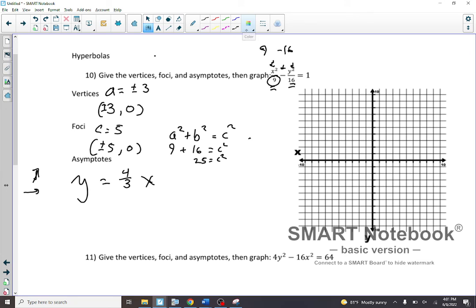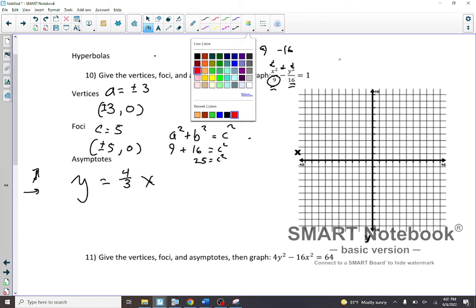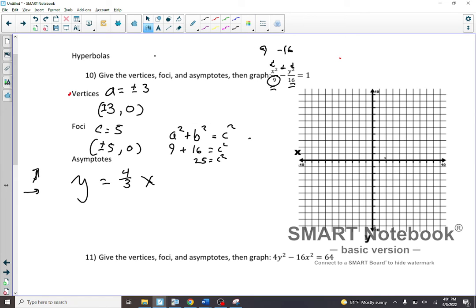All right, so let's graph each piece. Let's do red. So vertices over here is 3, 0. So 1, 2, 3. 1, 2, 3. The foci over here is 5, 0.